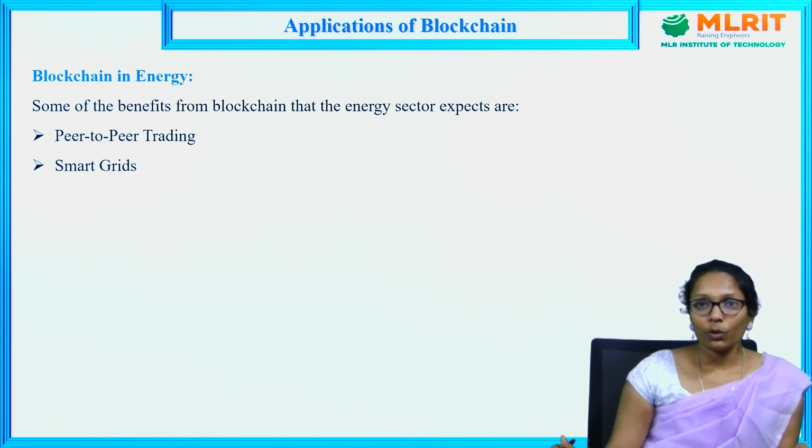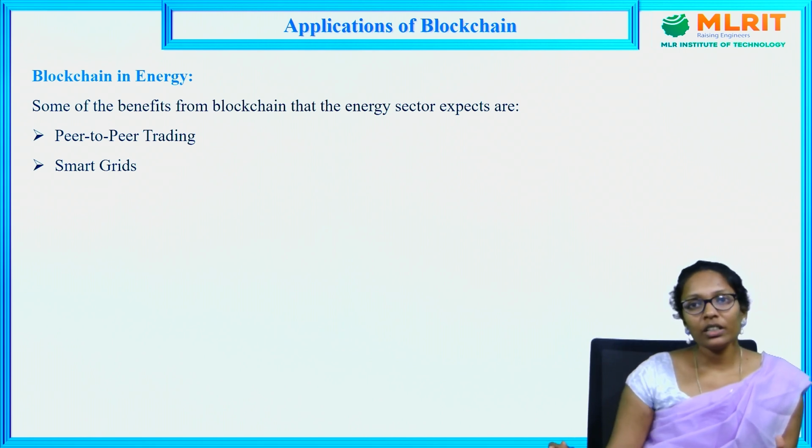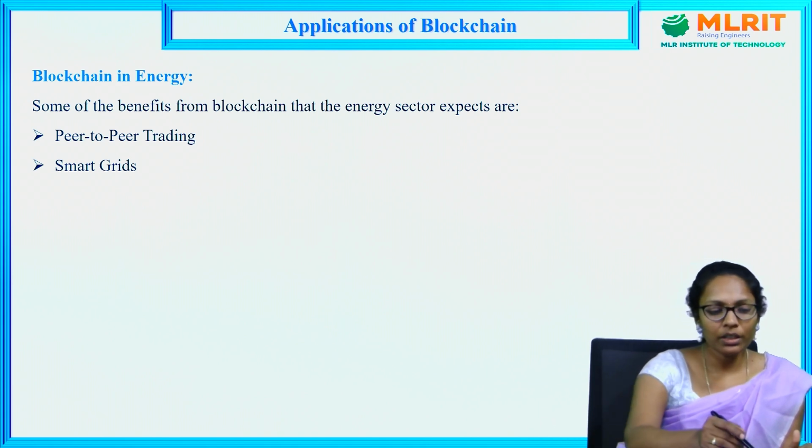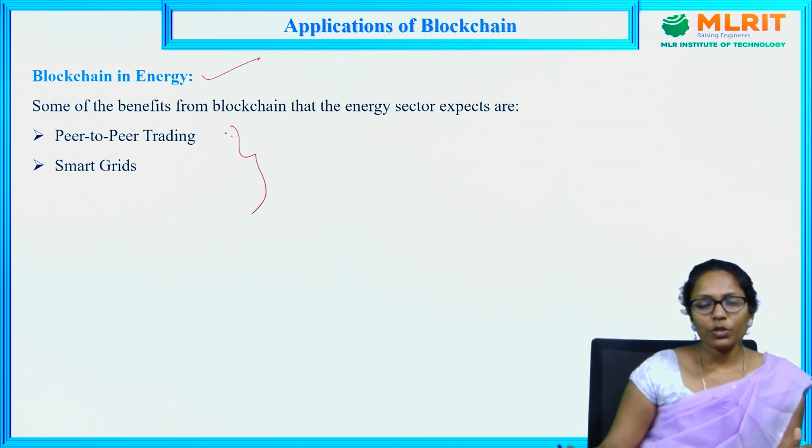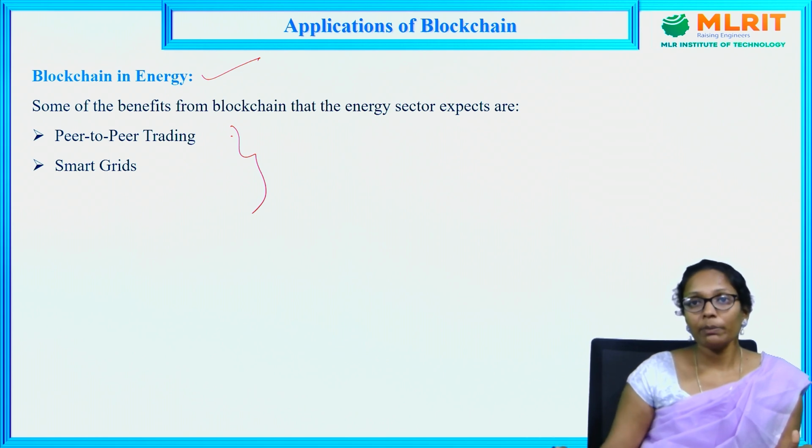And next is blockchain in energy. Traditionally we are using the energy system where we are using the electricity. For that we are paying some amount. So by using blockchain in the energy sector, we can avail these features. P2P trading. Generally, some people are producing the electricity by themselves using solar panels or different methodologies.